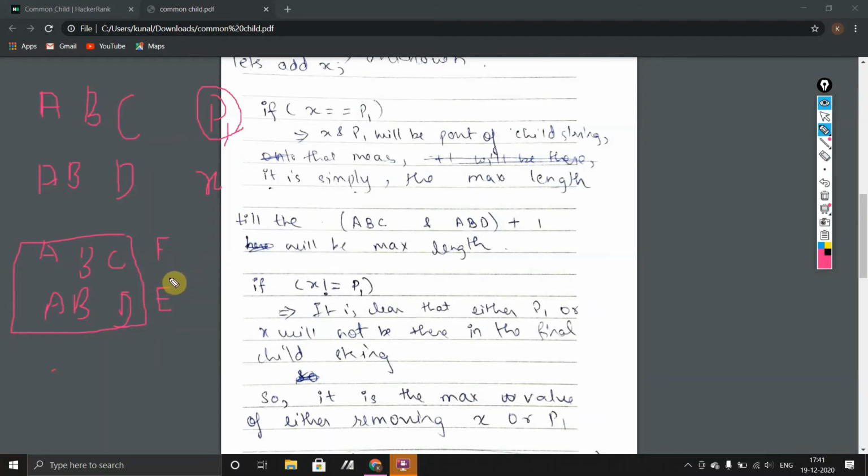So either F has to be deleted or E has to be deleted for the common child to be equal.